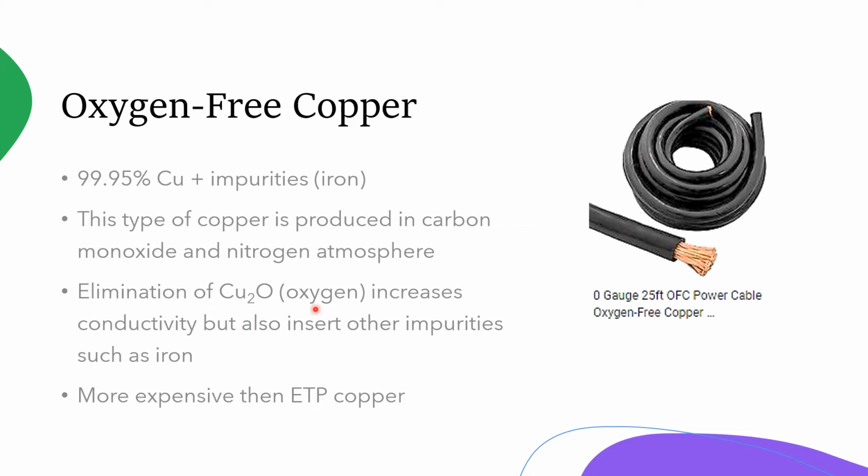So what are we doing? We don't like oxygen, we don't like impurities. We're trying to get rid of oxygen by trapping it, so we eliminate Cu2O. When you compare it to ETP copper, oxygen-free copper is more expensive. They come in different gauges.